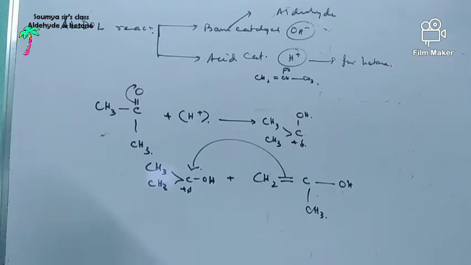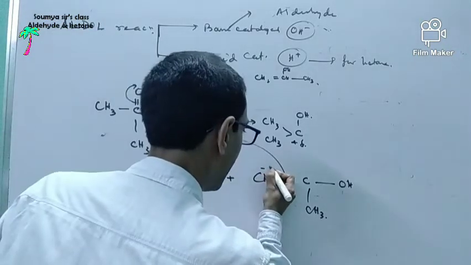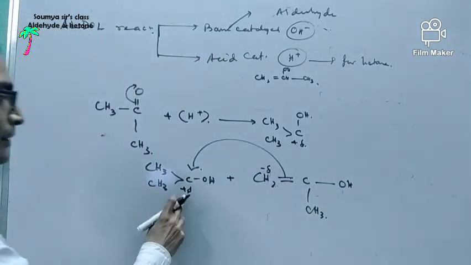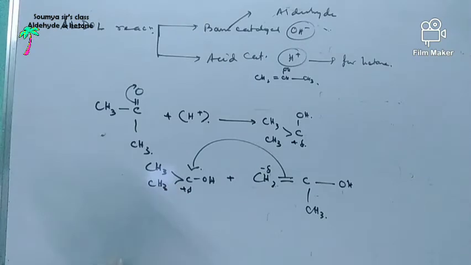Now, according to that part, this is anionic due to this double bond pi electron, and this is cationic, or partial positive charge.